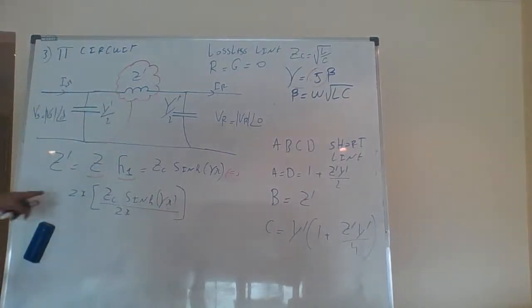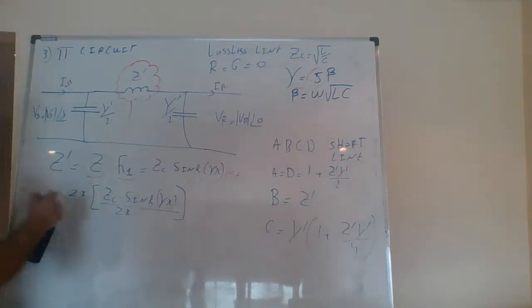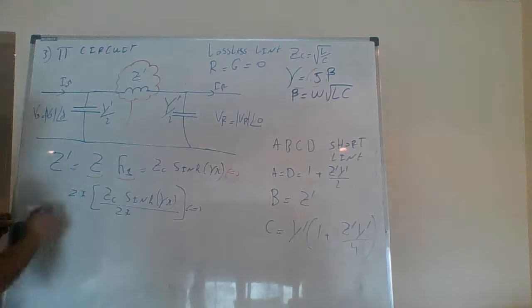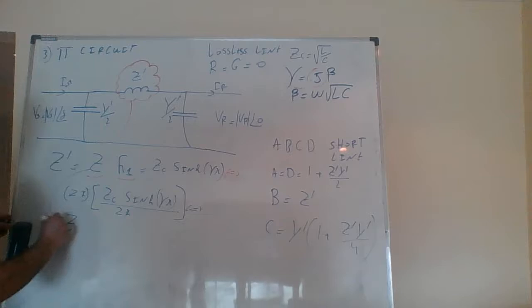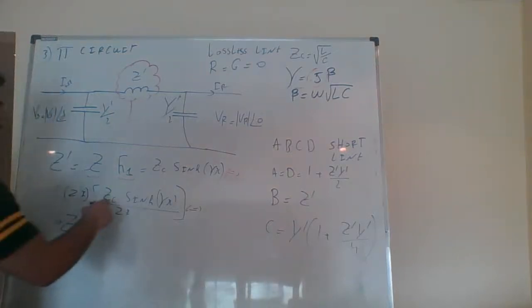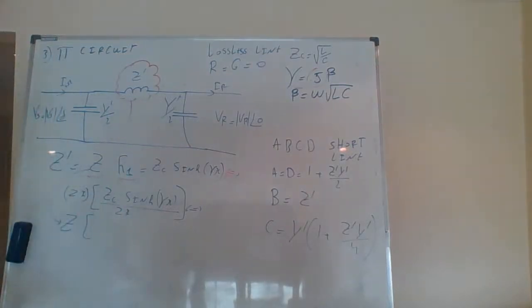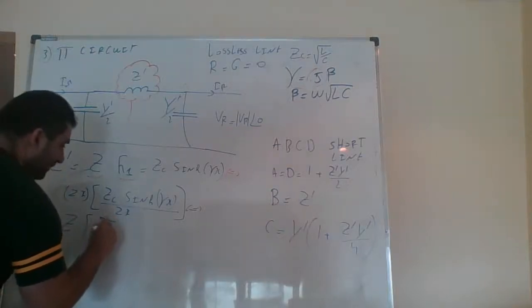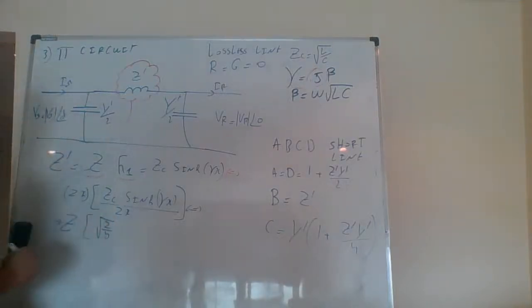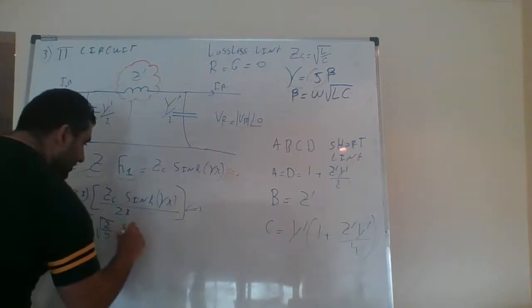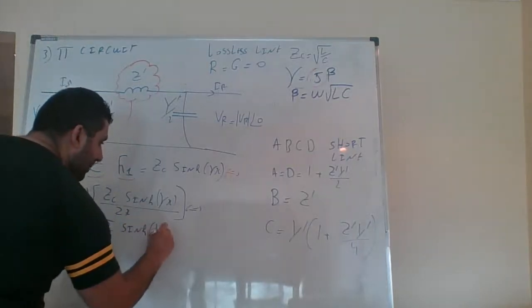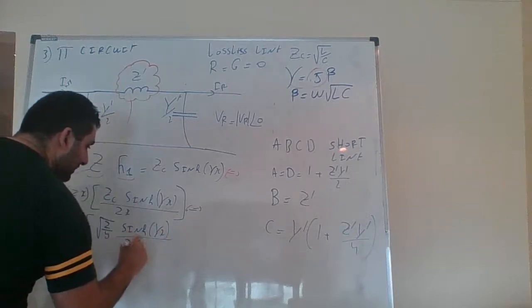So basically I've done nothing. All I've done is multiply by zx, divide by zx. Haven't done much. Okay, great. This gives me the big Z multiplied by ZC, which is the square root of Z over Y, sine hyperbolic of x divided by zx.